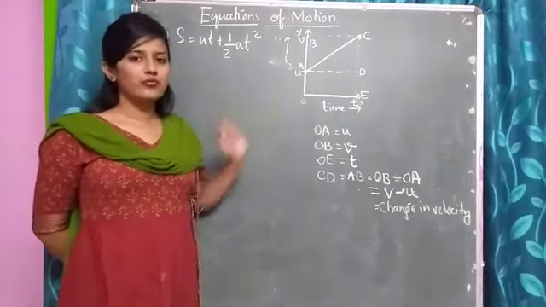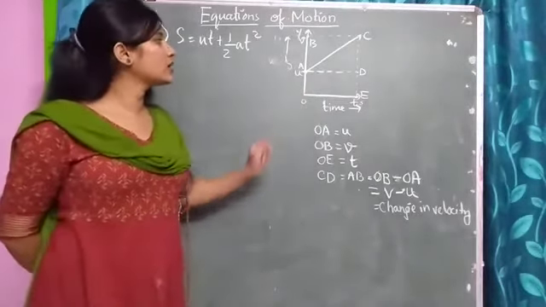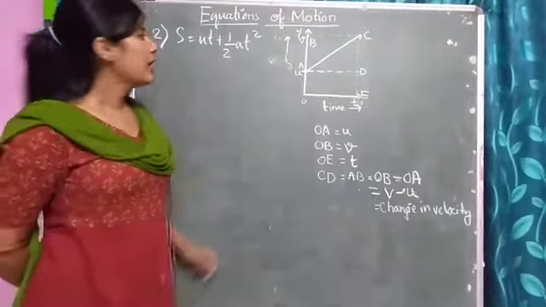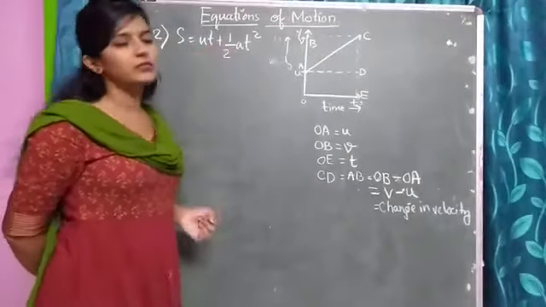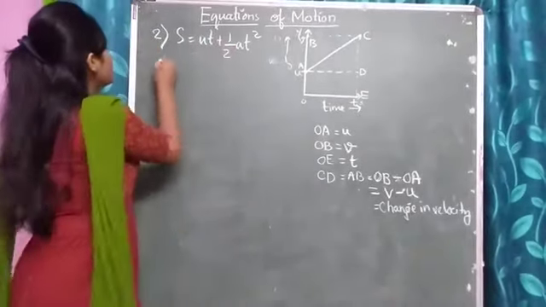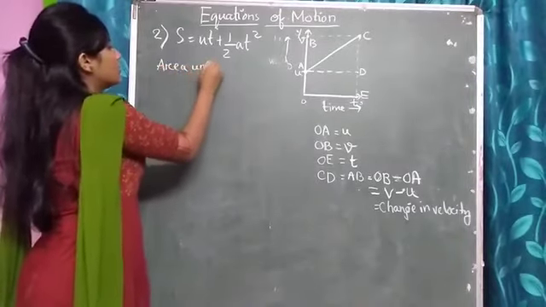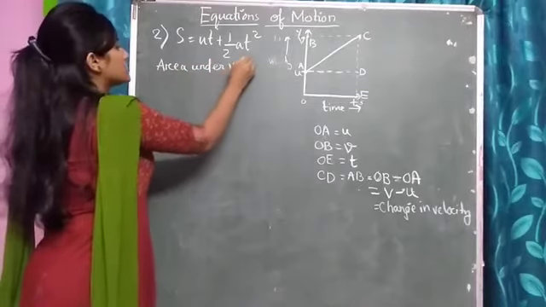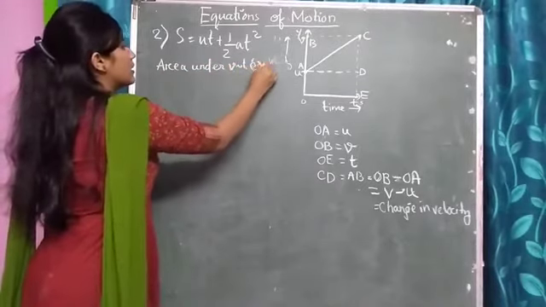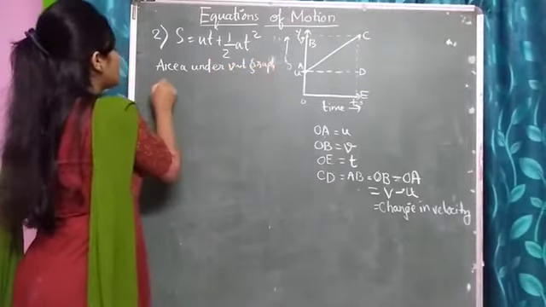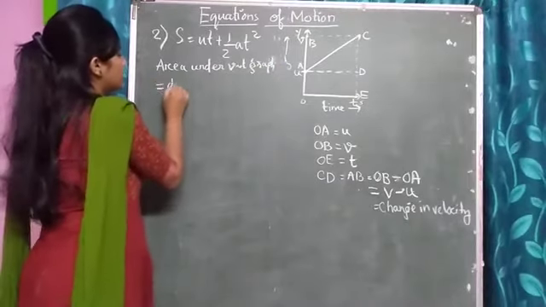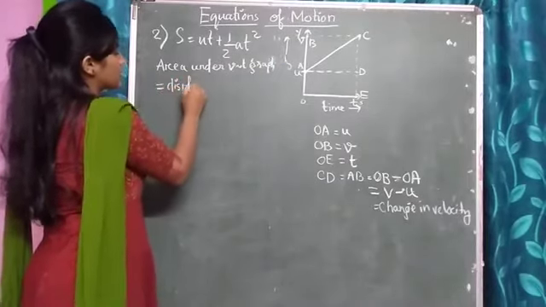So first you will write the area under the V versus T graph is equal to the displacement.